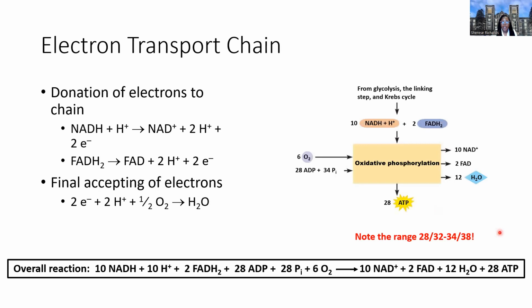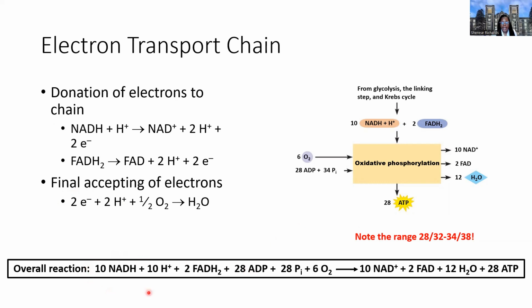All right. So we can think about the overall reaction of the electron transport chain and the donation of electrons. So again, think about the electrons that we've been capturing so far through the reduction of both of our carriers, NADH and FADH. And then we can also think about oxygen, which is accepting those final electrons in order to keep that chain moving.